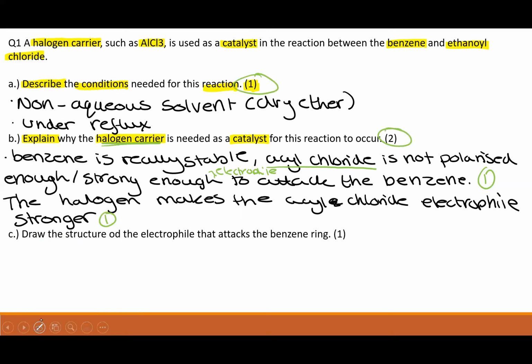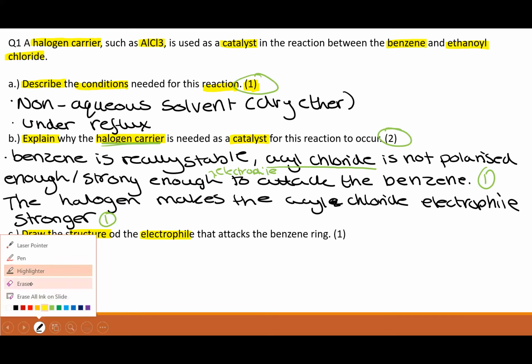And finally, you're asked to draw the structure of the electrophile that attacks the benzene ring. That electrophile isn't just acyl chloride, it needs to be the acyl chloride after it's been made into a stronger electrophile by the halogen carrier.